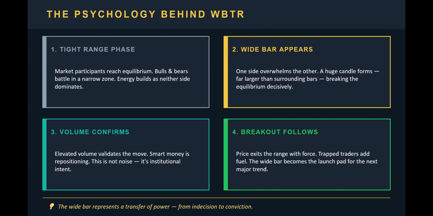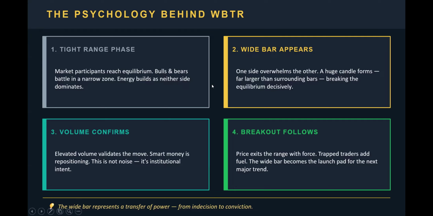Bulls and bears battle in a narrow range, because big money starts accumulating silently or distributing silently within that phase. The retail traders, both bulls and bears, fight with each other. They cannot do anything. Only big money can bring in the direction.